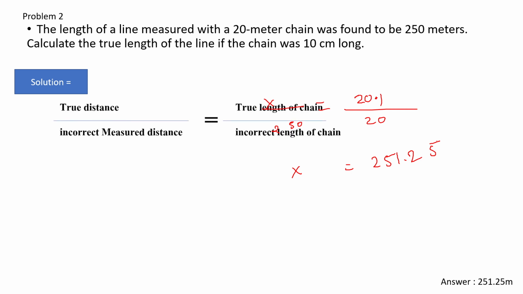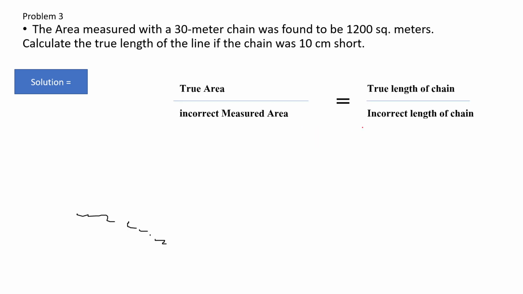It is the formula: true distance is x, true length of chain is 20.1, measured distance is 250, and the incorrect length is 20.